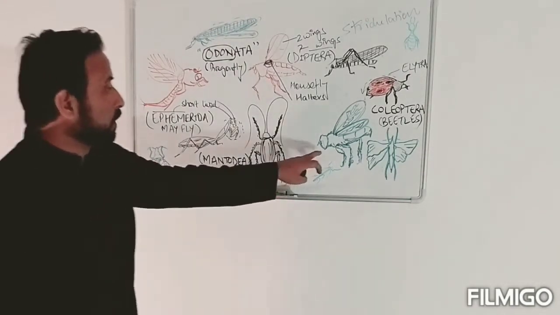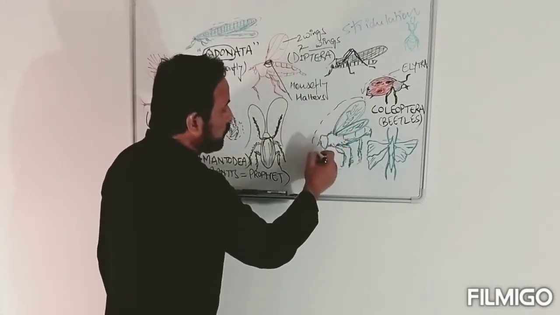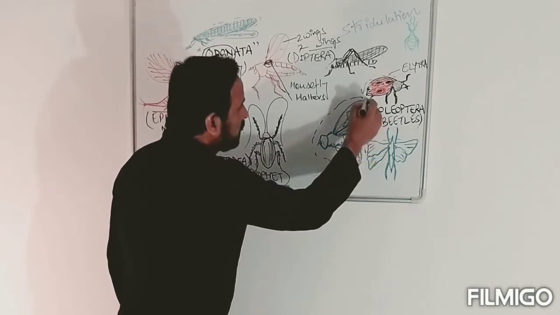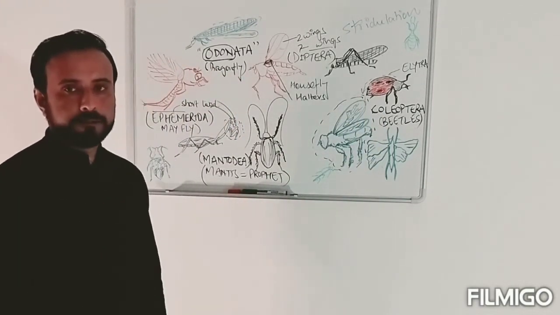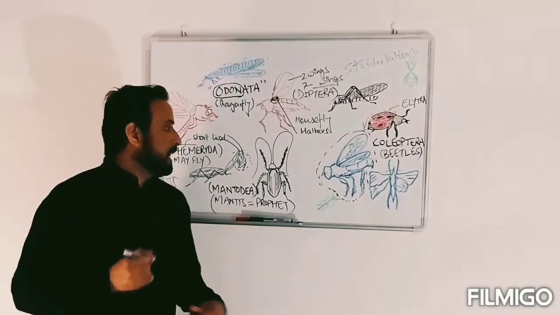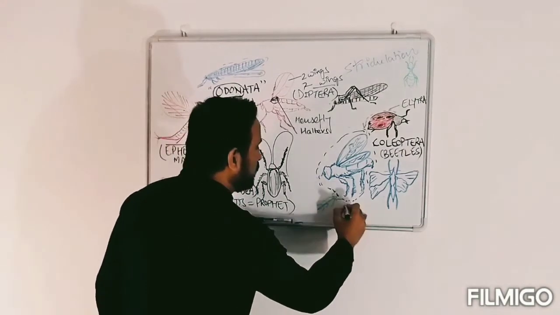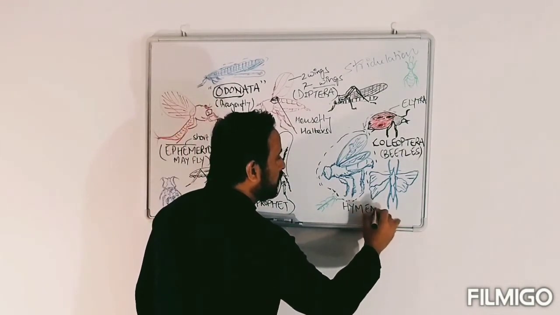Then comes this one. This is a structure of a honeybee, right? Honeybee or ants. There is one more order called Hymenoptera.